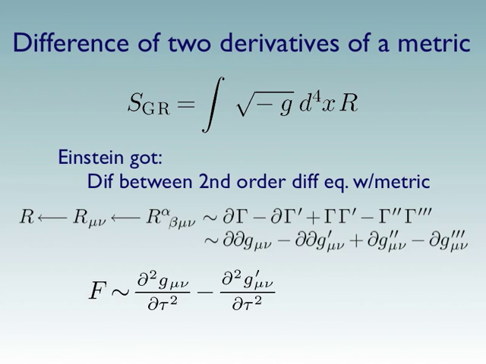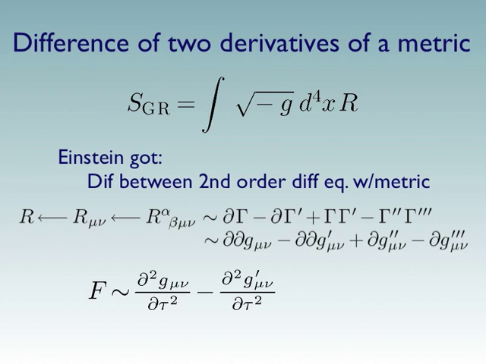The Riemann curvature tensor is a comparison of two paths by taking the derivative of one connection and comparing it to another. A connection, if you assume it's metric compatible and torsion free, is the Christoffel symbol of the second kind.